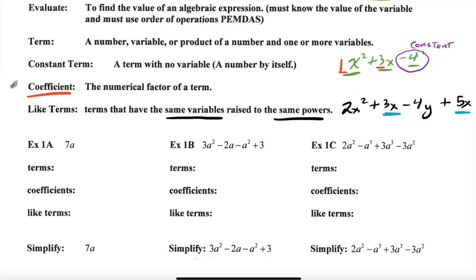Those are exactly the same terms. 2x squared is not the same term as 3x, right? This has a square, different. 4y, even though it has a power of 1 like x does, they're different variables. It has to be exactly the same. So the only two I could actually add here would be the 3x and the 5x. Now I get 8x. So this would turn into 2x squared plus 8x minus 4y. So those are like terms.